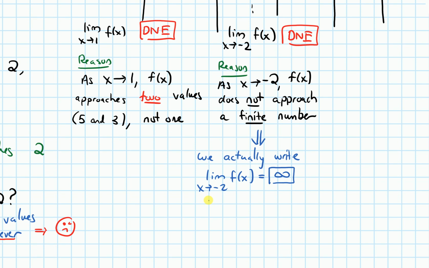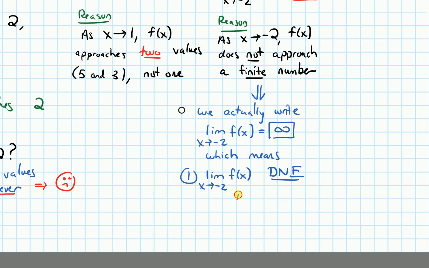Okay, so let me just describe what this means. This means two things. On one hand, it means that the limit as x approaches -2 of our function does not exist, DNE, but it means a little bit more than that. And it also means, second condition, that the y values are getting infinitely large.